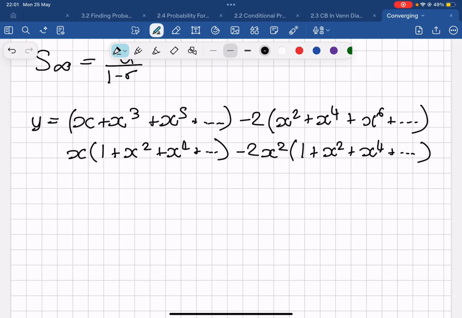Now we can do the factorization. So we'll have x minus 2x squared, 1 plus x squared plus x to the 4 plus so on and so forth up to infinity.